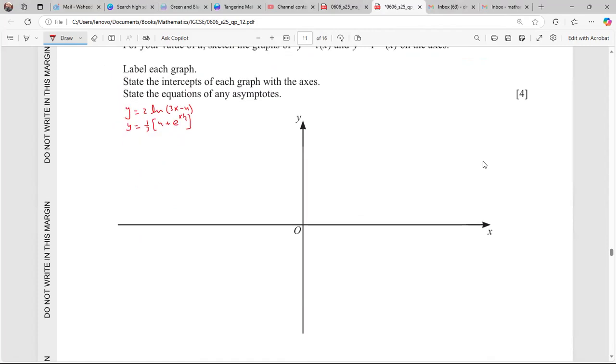Let me look at this function first of all. If I have y equals e to the power x by 2, it is something like this. When x is 0, it is 1, and it is going to increase like this, and it goes towards 0.